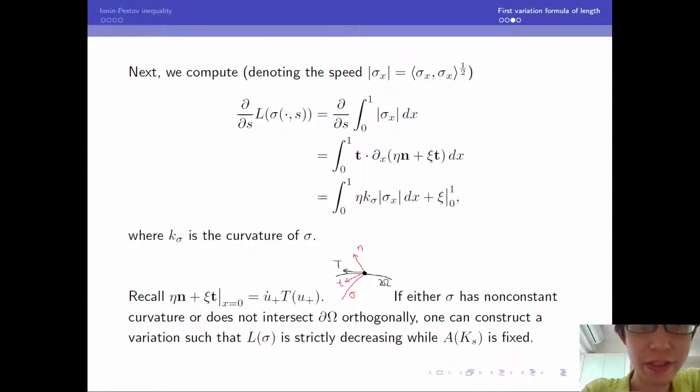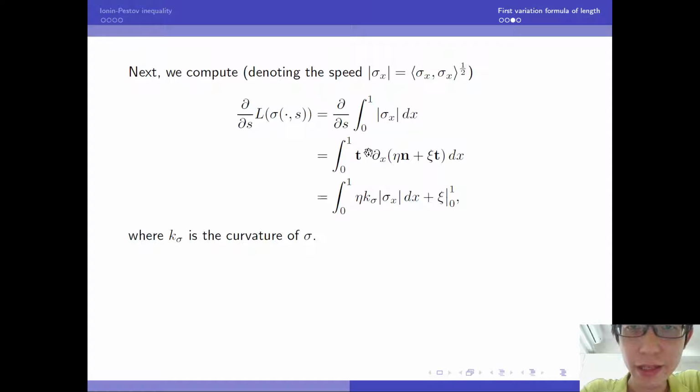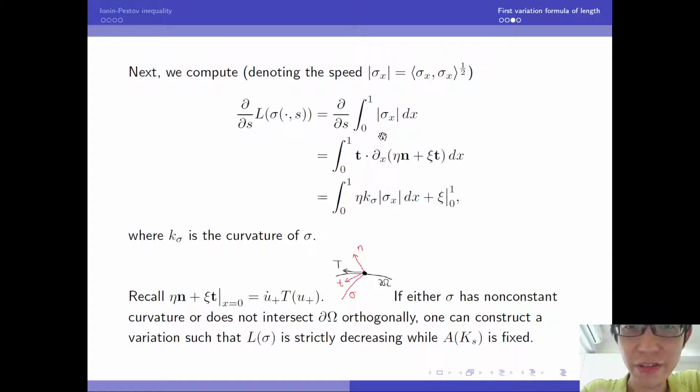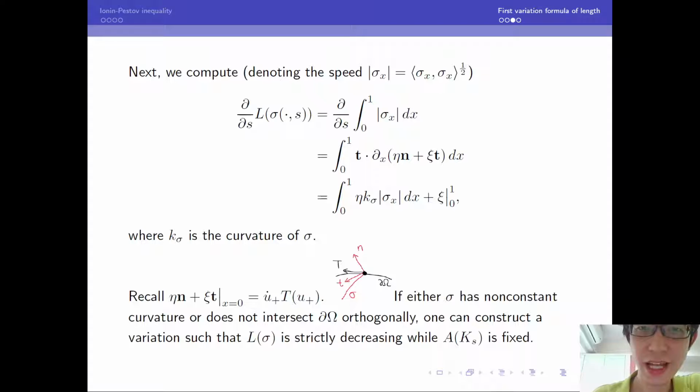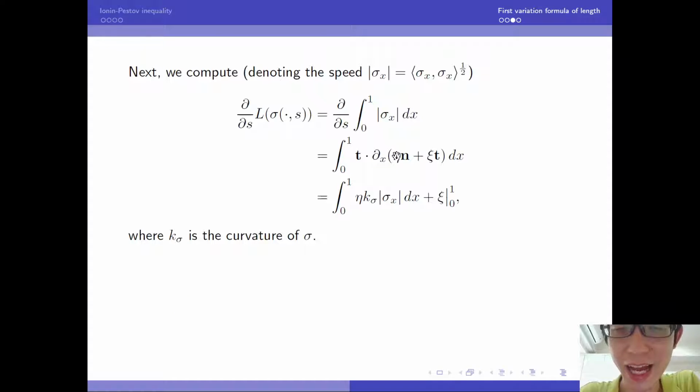Next, we compute the derivative of length. Okay. We know that the length is the integral of speed, and therefore the derivative gives us t times the derivative of the variation field. And when the derivative falls on eta, we get t dot n, which is 0.